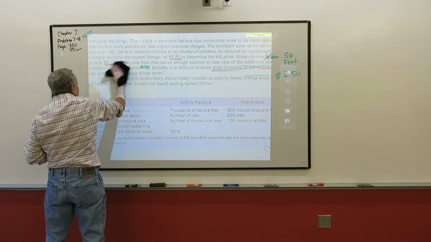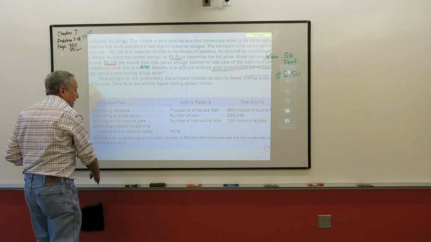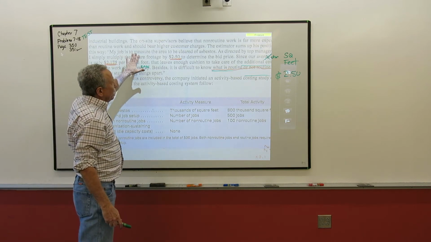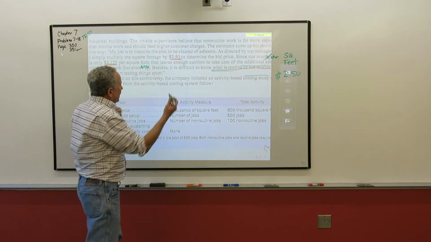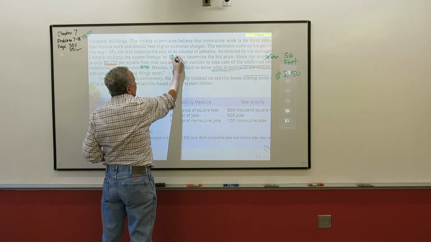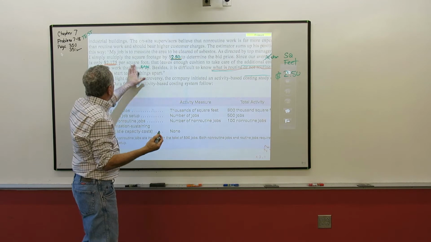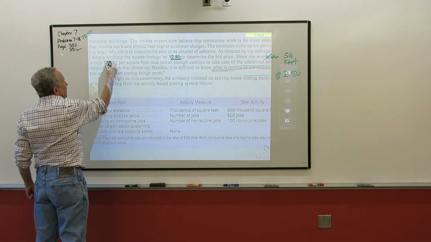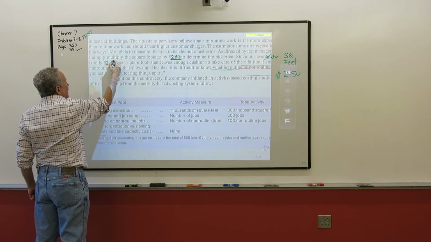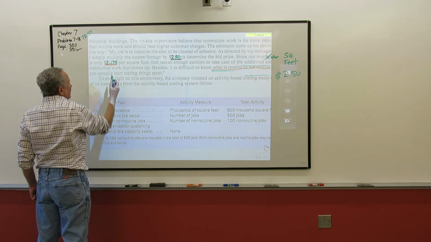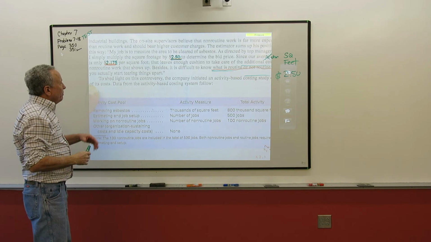Anyway, there's this ongoing argument, and the basic premise here is that the estimator says, hey, listen, I bid everything out at $2.50 per square foot. And he makes the point that they've already done the calculation, and it's $2.17, that's their cost. And you might say, well, what's this mean?